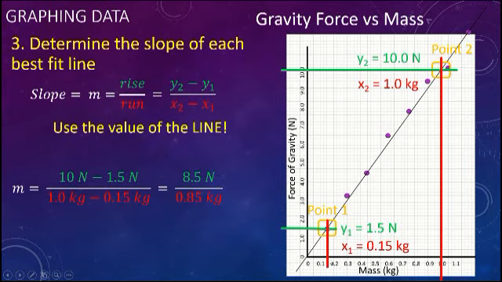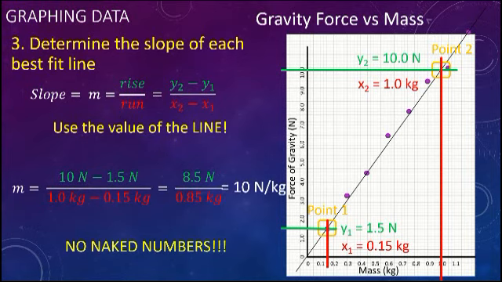So this is how much the mass increases. So from this point to this point, our mass increases by 0.85 kilograms. So our force went up 8.5 newtons, and our mass went up 0.85 kilograms. So we're going to divide that to find our slope.